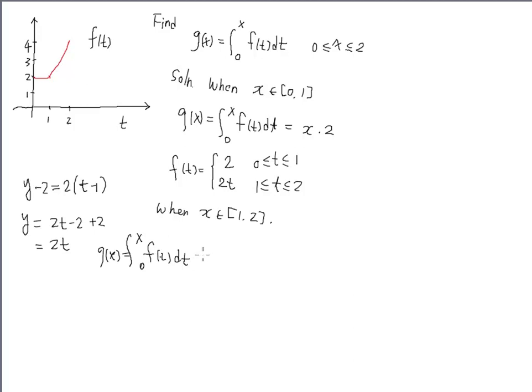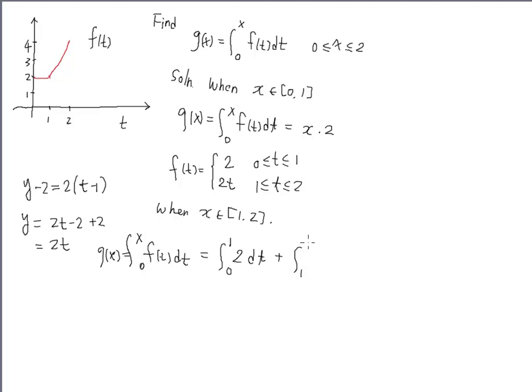So this is equal to, according to our observation, the integral between 0 and 1, because x is now greater than 1. Between 0 and 1, f of t is 2, so here we have 2 dt. And then we use the second piece.